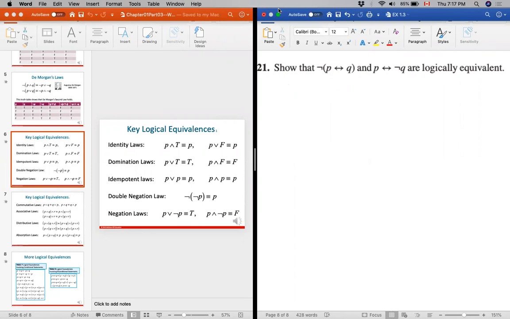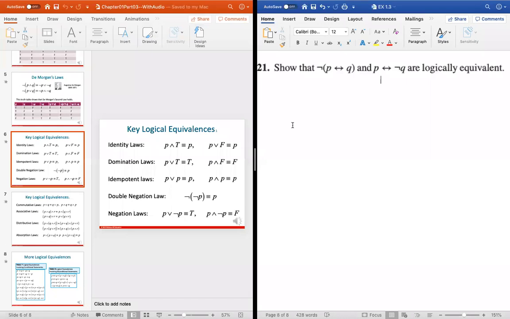Again, likewise, we can either draw a truth table, or we can use the logical equivalences for these ones as well. So let's do it using the truth table this time.